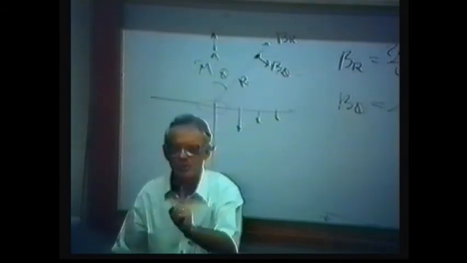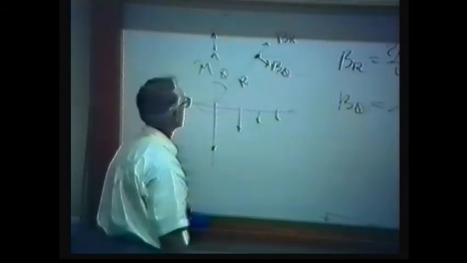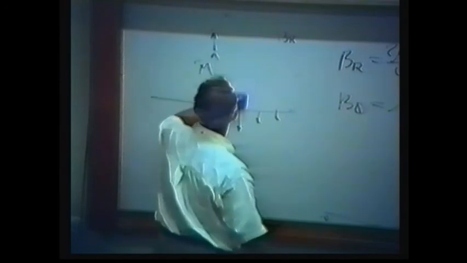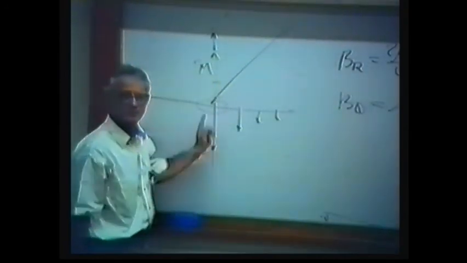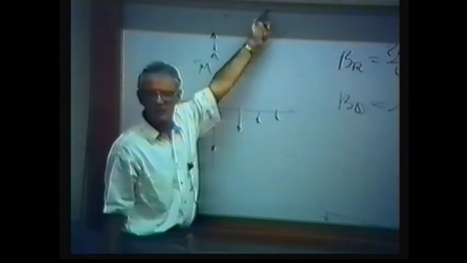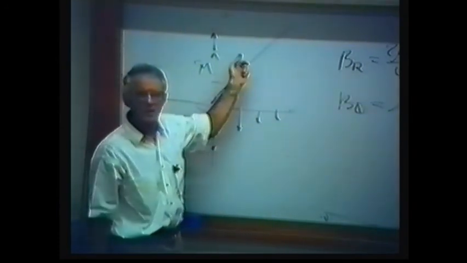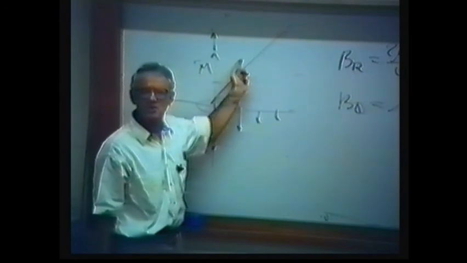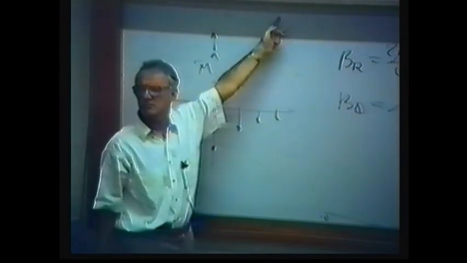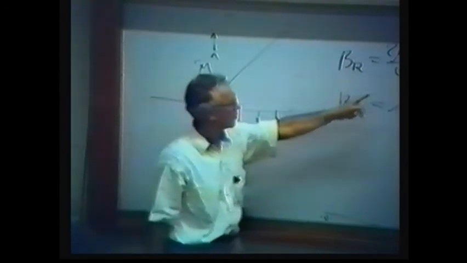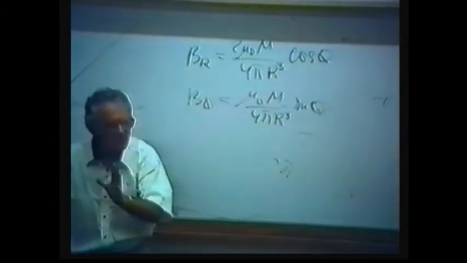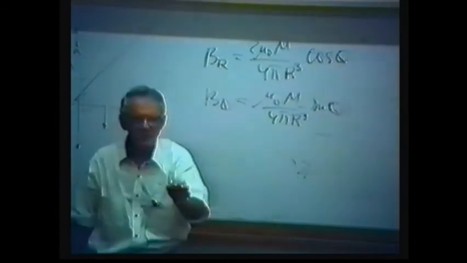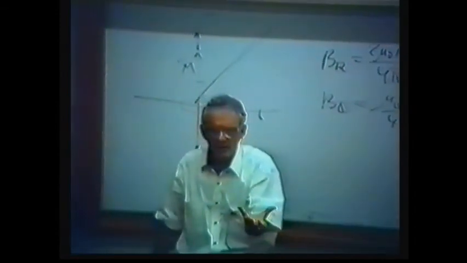Now, last, the most important. Let me take a radius. An arbitrary radius. How does the magnetic field change along any radius? Inverse proportion to the cube of distance. That's clear.